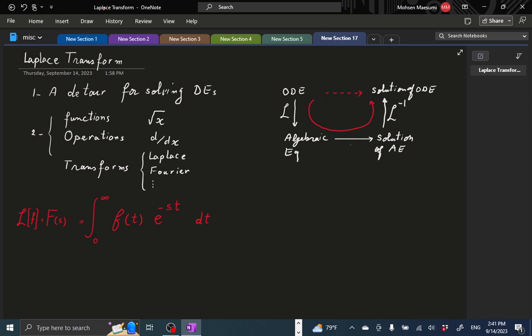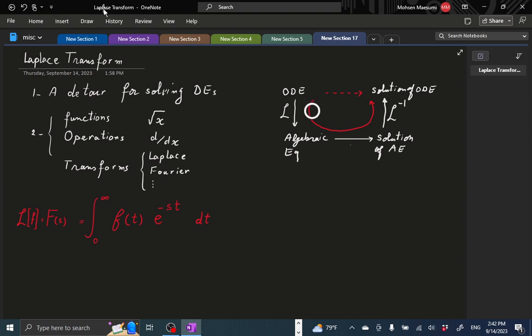Of course, we could solve any of these problems that we are going to do by a straightforward method that we have learned. But the method of choice for most engineers is to apply Laplace transform because it provides them with a different vantage point to the process that they are studying.